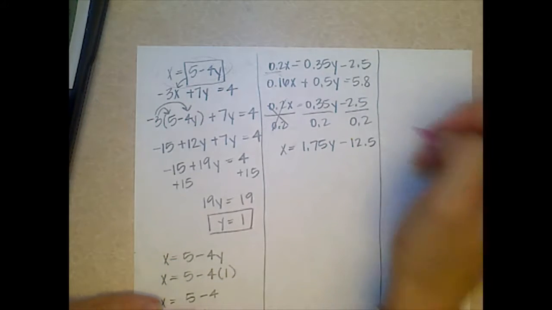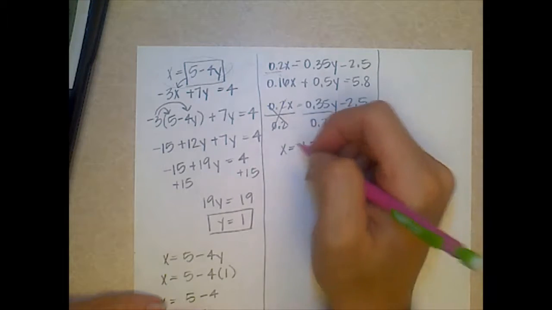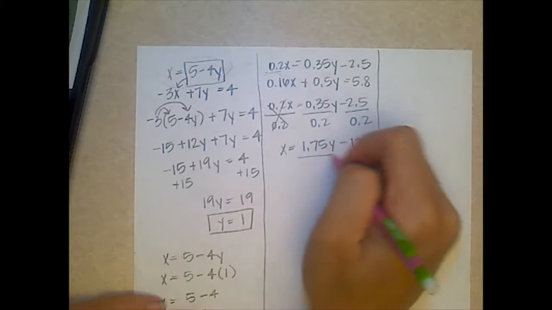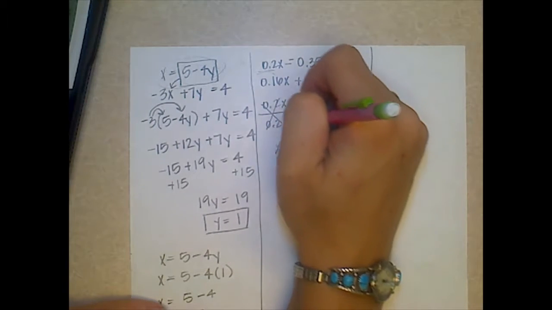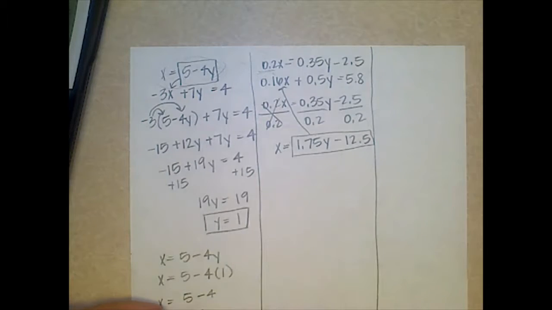Okay, this is not the only way to do this. There's a lot of different ways, but this is just how it looked right in my brain. So remember, now when we have something that tells us what x equals, I can put that into what x is in the other equation.